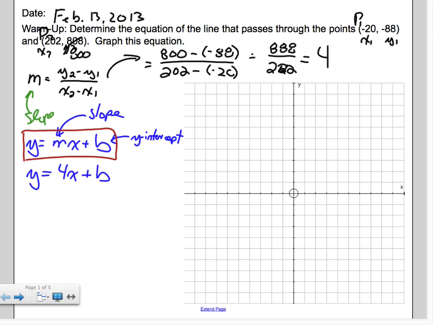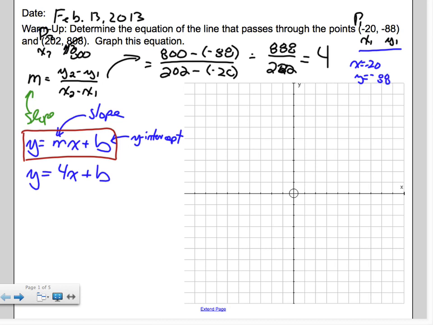For example, if I pick point 1, then y would equal negative 88, x would equal negative 20. Okay, so here you're saying x is equal to negative 20 in this point, and y is equal to negative 88. That's a coordinate point.